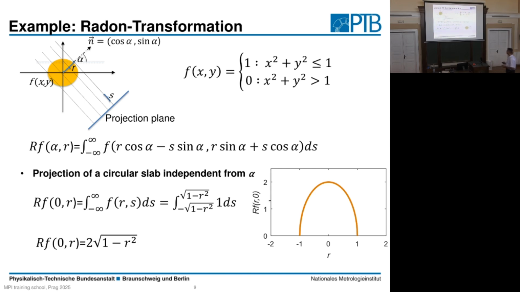And this we see also here in the graphic. It's only here. And now, okay, outside the circular slab the density is 0, so we can reduce our integration limits to the border of this circle.